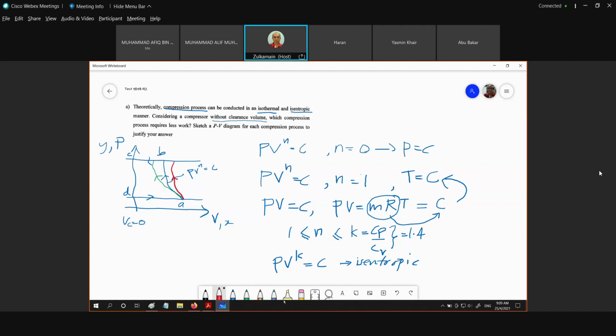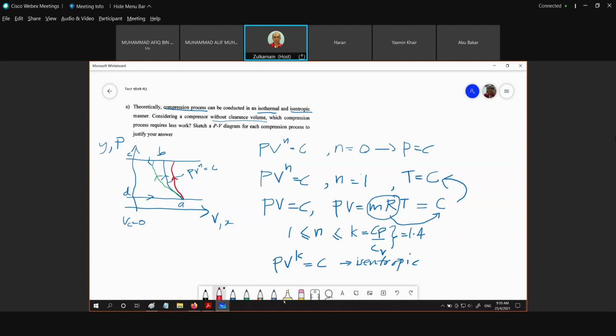N itu menunjukkan the gradient. Kalau dibandingkan 1 dengan 1.4, mana yang besar? Ya? Oh, kalau soalan ni pun tak boleh jawab pun susah juga ya. Kalau N 1 dengan N dengan 1.4, mana yang besar? N 1.4. Kan? Jadi kalau N itu represent the gradient, mana gradient yang lagi besar?